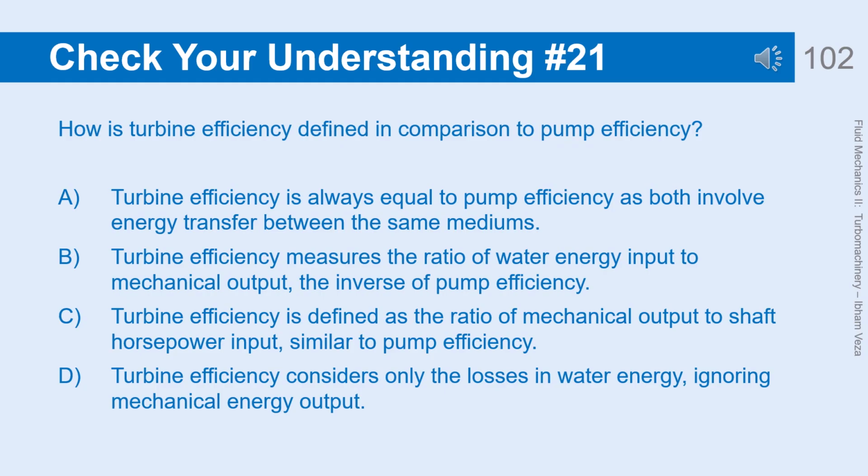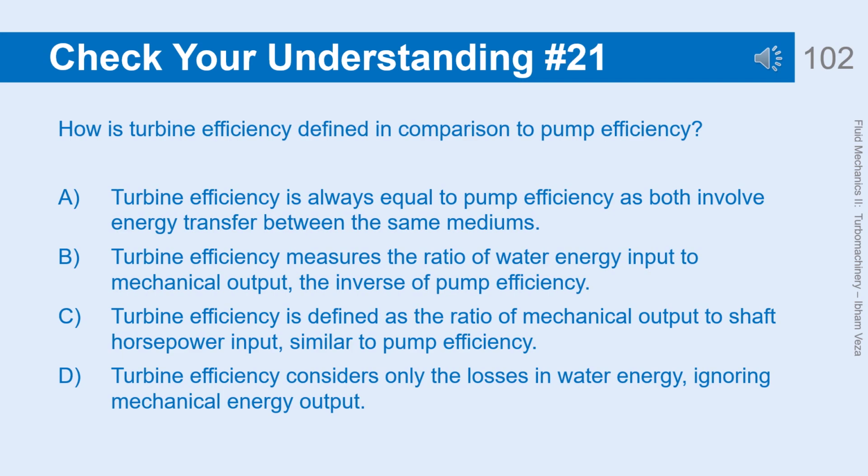Correct answer B. Turbine efficiency measures the ratio of water energy input to mechanical output, the inverse of pump efficiency. Explanation of incorrect options. Option A. Turbine efficiency is not equal to pump efficiency. They are inversely related, with one focusing on water energy input and the other on mechanical energy input.